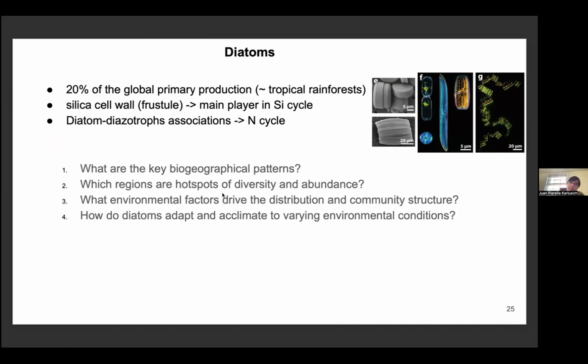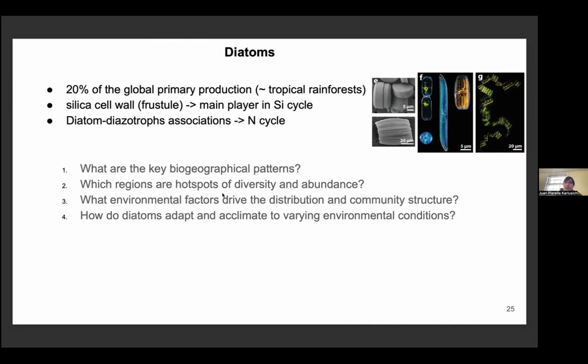For example, they are responsible for around 20% of the global photosynthesis of our planet. Also, they are covered by a silica cell wall, so they are very important not only in the carbon cycle but also in the silica cycle. As I mentioned previously, they make associations with nitrogen fixers, so they are also important in the nitrogen cycle.